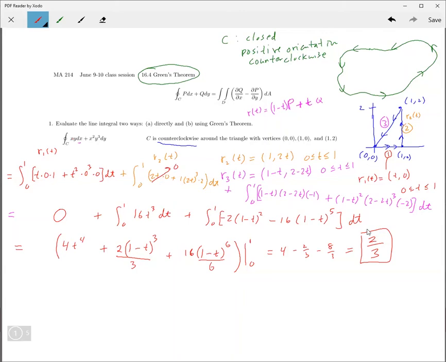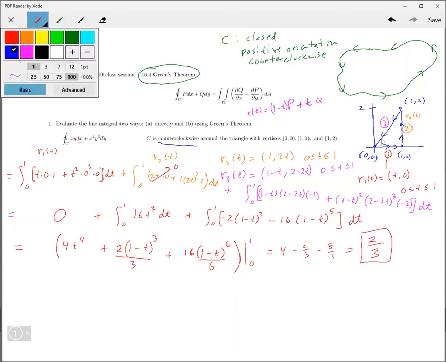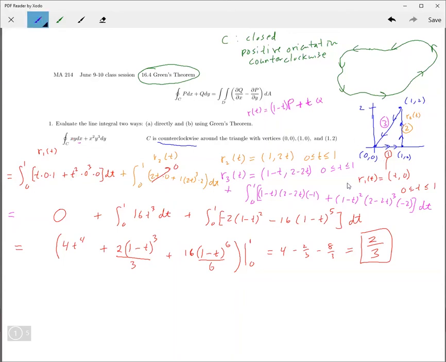Okay, so that was the first one. That was the first way. And now we're also supposed to do it using Green's theorem. Okay, so Green's theorem, what we're going to do is take the integral inside here.